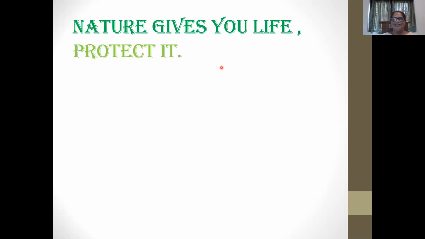We get shade because of trees. And we get water because of trees. They all come from nature. So remember to protect nature. Be nature lovers. You are the future generation who is going to protect this beautiful island. Remember, nature gives you life and protect it.